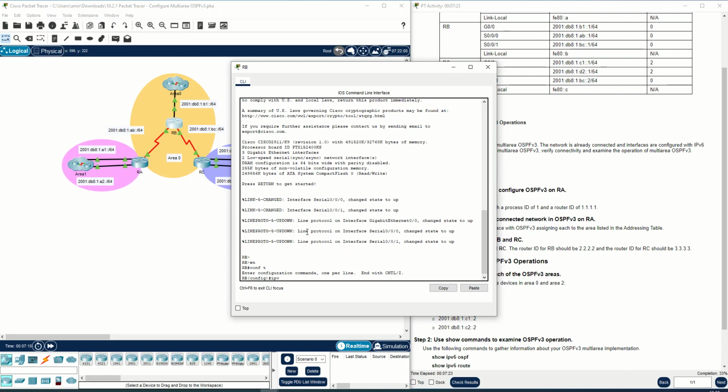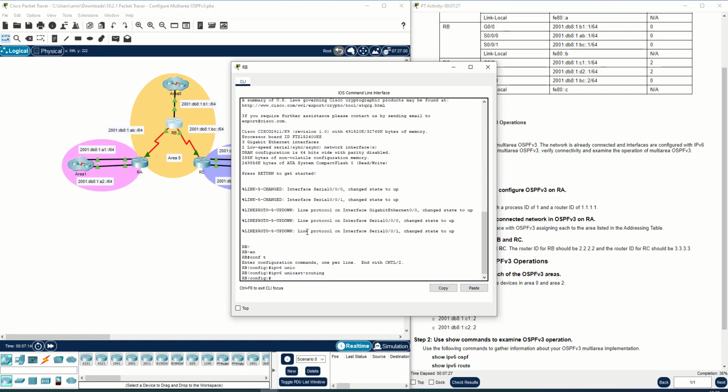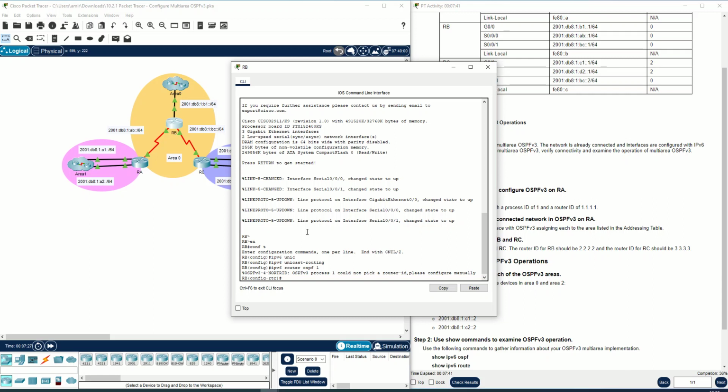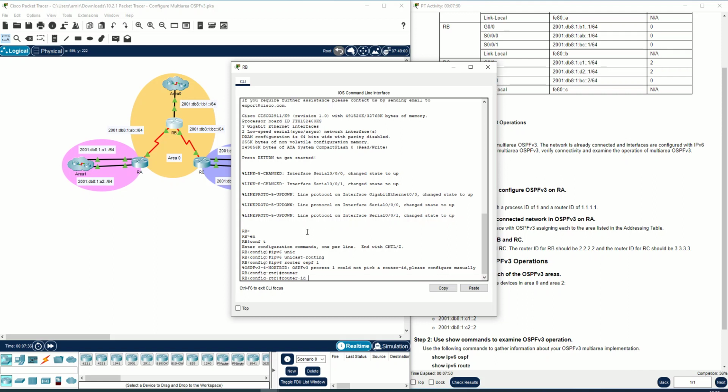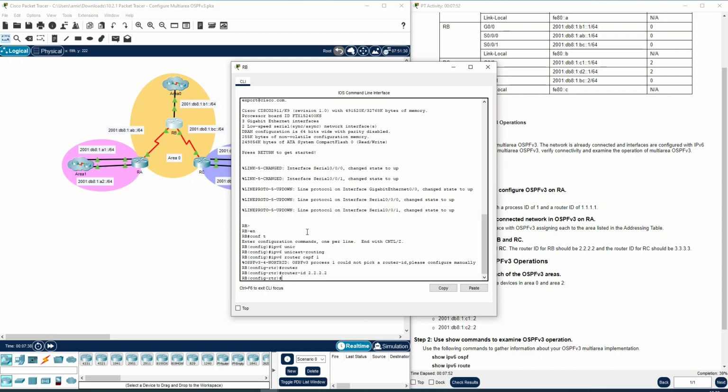First, we should activate IPv6 routing for OSPFv3, then ipv6 router ospf with process ID 1. What is the router ID? The router ID is 2.2.2.2.